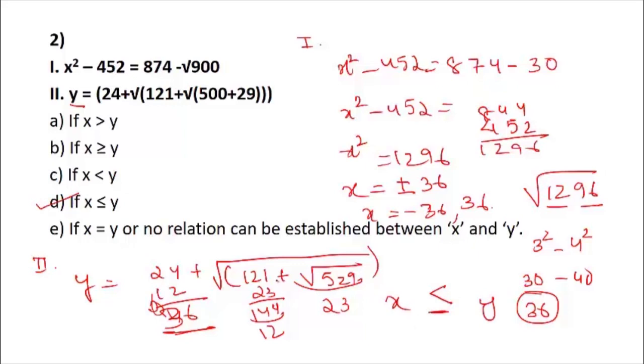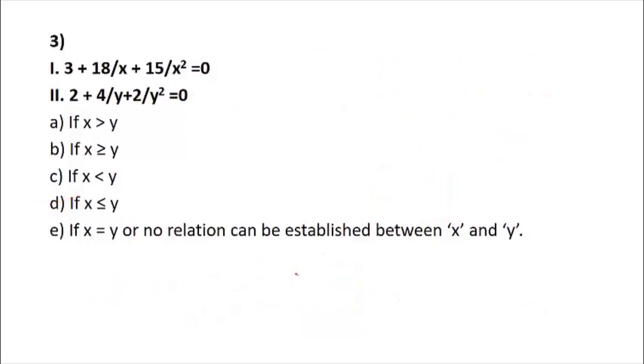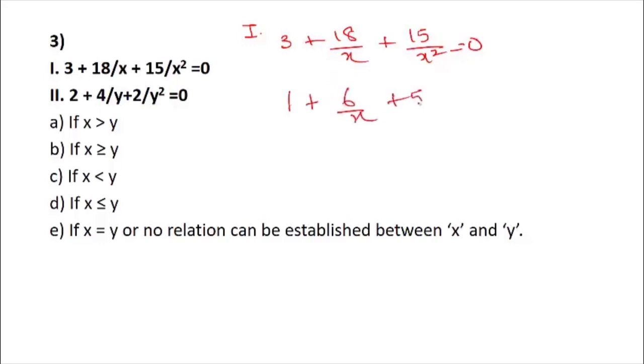Okay, so let us move on to question number 3, that is 1. 3 plus 18 by x plus 15 by x square is equivalent to 0. So what you have to do here is simplify first, because all these numbers will be divisible by 3, so that will be 1 plus 6 by x plus 5 by x square.